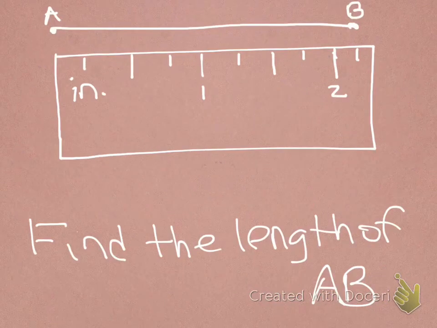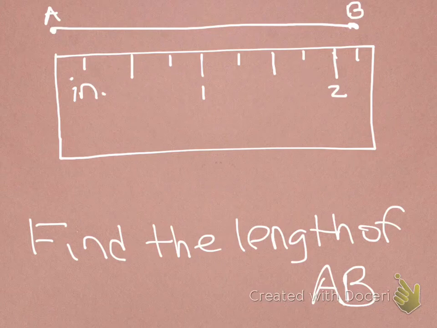Moving on, one of the questions on the quiz is going to have a ruler provided, such as this one, and you're going to have to give me the exact measure based on what the ruler says. So in this case, finding the length of AB, I need to write down what the length would be in exact terms.